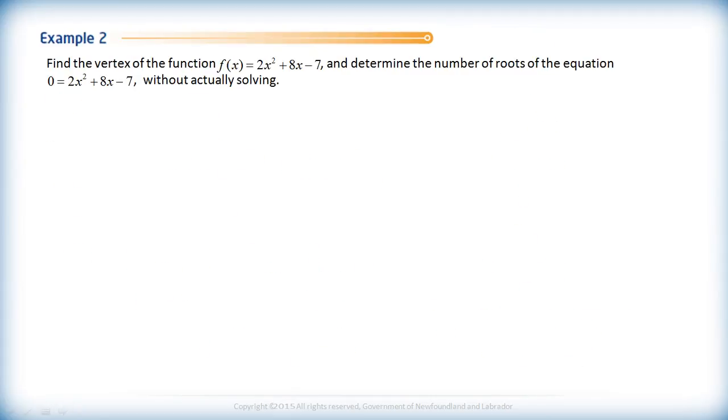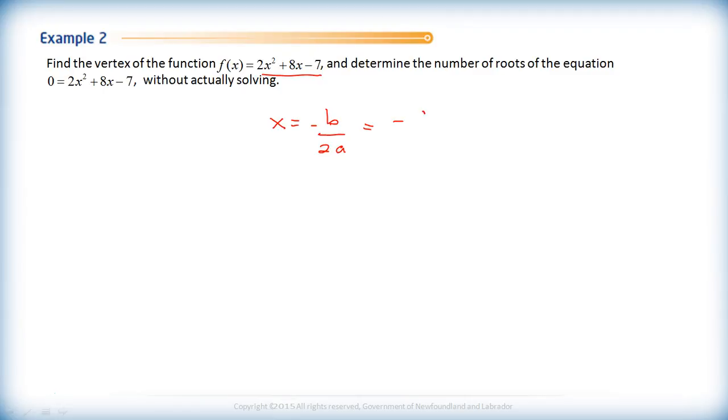What's next? Find the vertex of that function and determine the number of roots of that equation without actually solving. So we have a function and the corresponding equation. We have to find the number of roots of the equation without actually solving by looking at the vertex. Okay, so the vertex, standard form, so x equals negative b over 2a will get us our x coordinate.